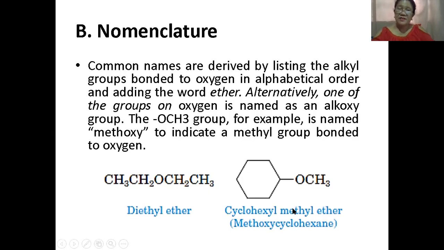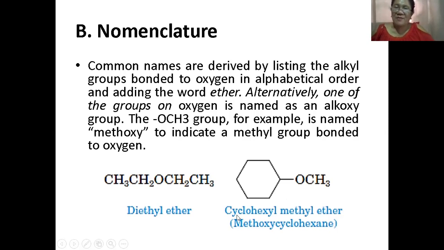Here, you already know that this is cyclohexane. Na? With our methoxy, na? Or methyl ether. Na? This is cyclohexyl methyl ether. Or it is isa ni siya methoxy cyclohexane. Pwede ra. Pareho ra na siya, correct gihapon na siya. Na?